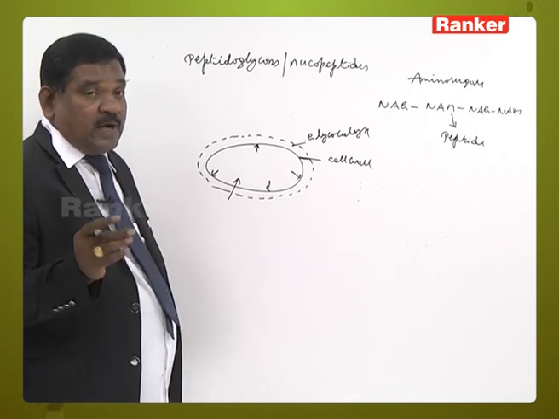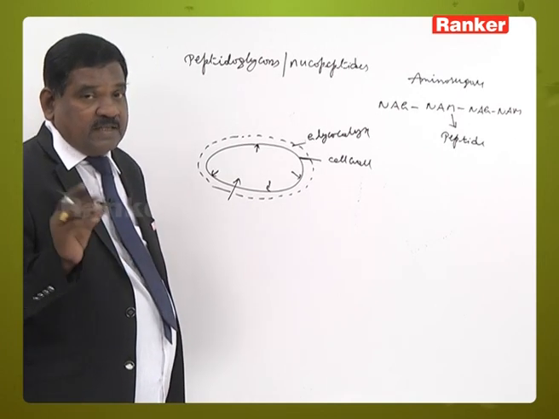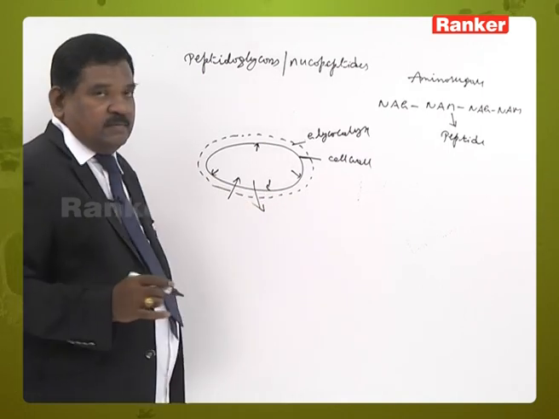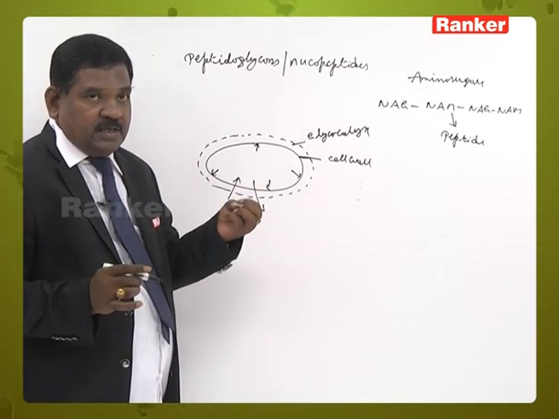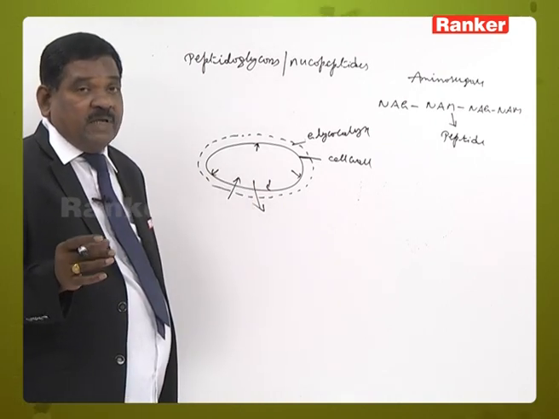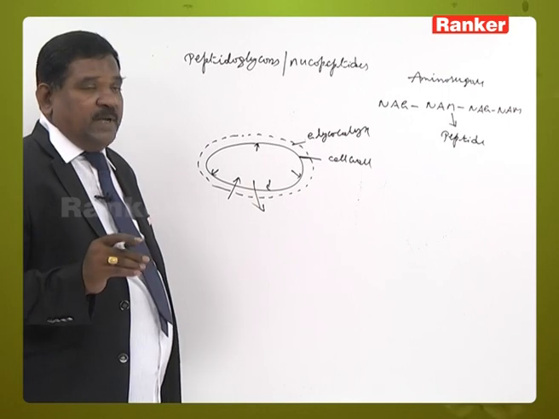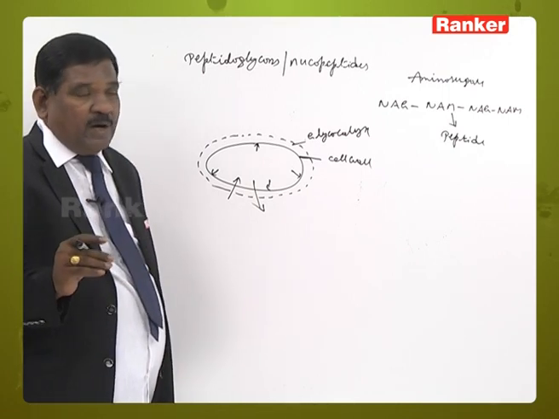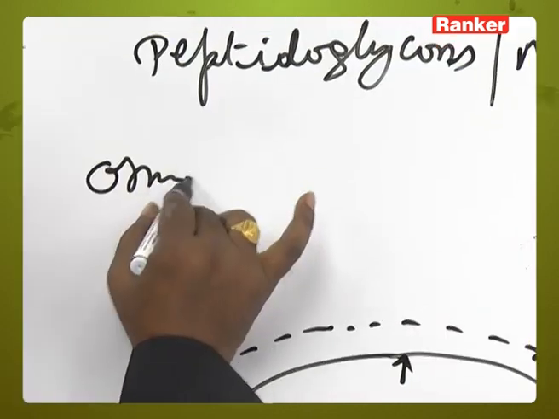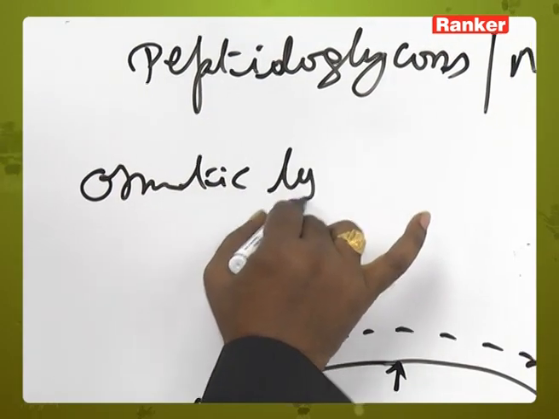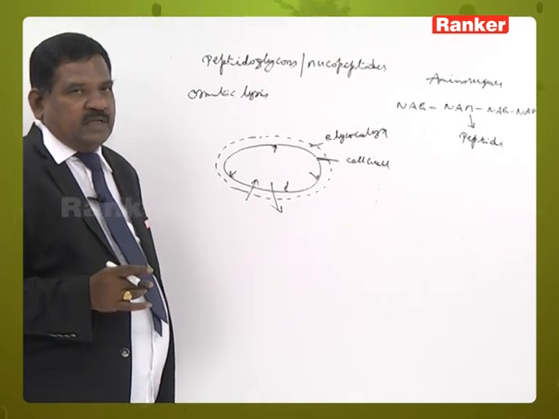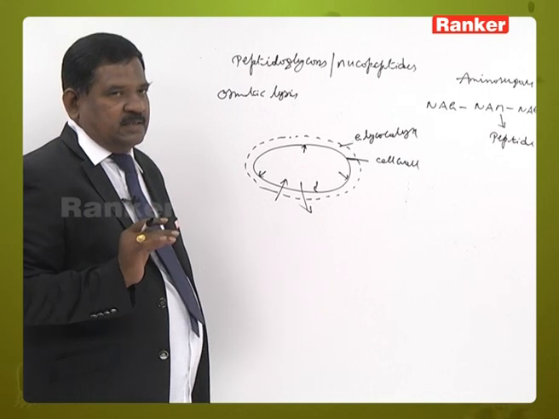The cell wall protects the bacterium from that bursting. When water completely comes out, the cell may shrink. Here also the cell wall protects the cell from collapsing. That means the cell wall protects the cell from osmotic lysis.